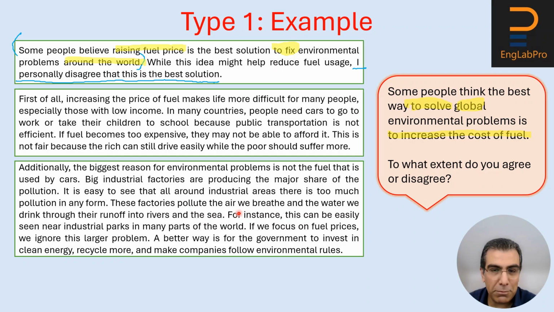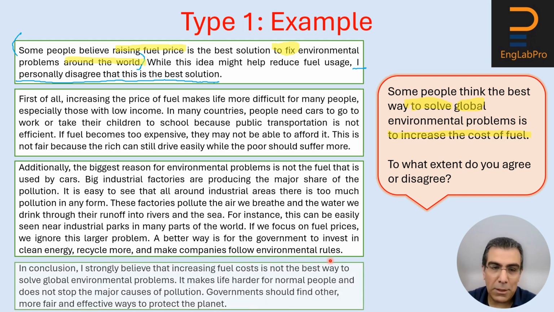These factories pollute the air we breathe and the water we drink through their runoff into rivers and the sea. For instance, this can be easily seen near industrial parks in many parts of the world. If we focus on fuel prices, we ignore this larger problem. A better way is for the government to invest in clean energy, recycle more, and make companies follow environmental rules.